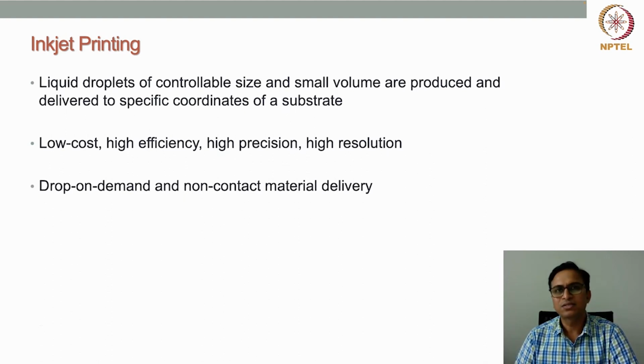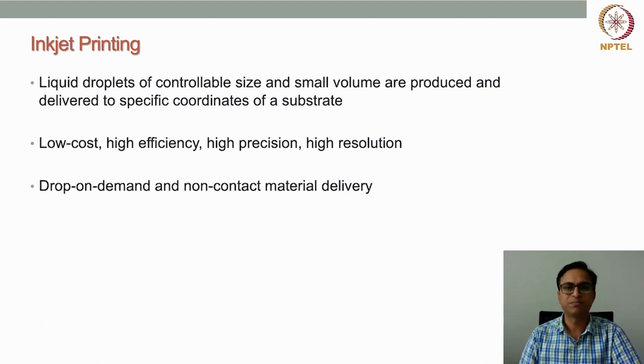And this inkjet printing is capable of producing droplets of the order of 1 picoliter. So very fine or very tiny droplets can be produced. So the resolution of this printing technology is very high, because we can produce these very tiny droplets and then we can deliver them at certain coordinates of a printing substrate or printing stage.